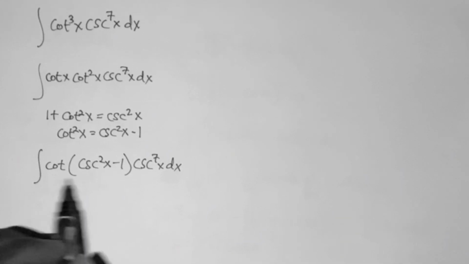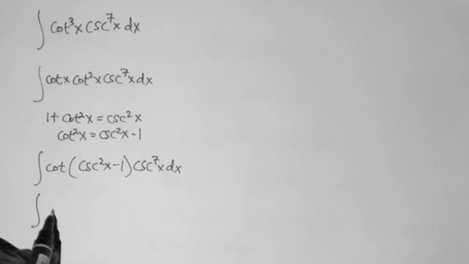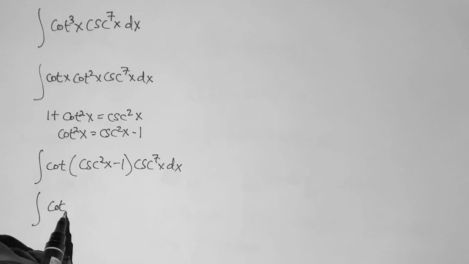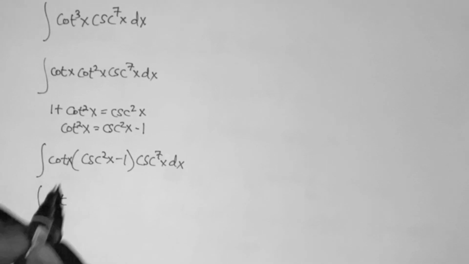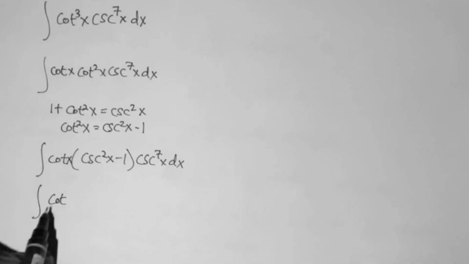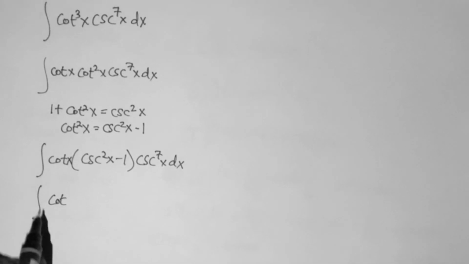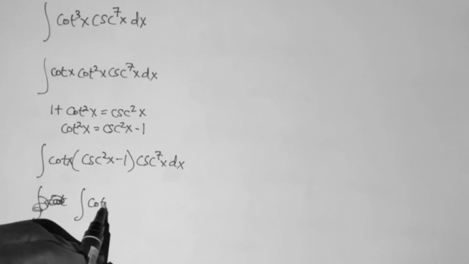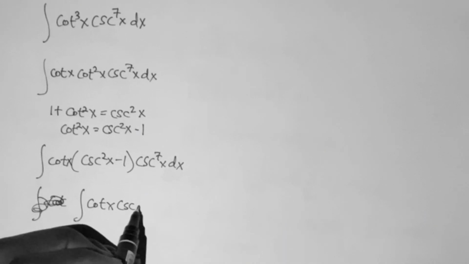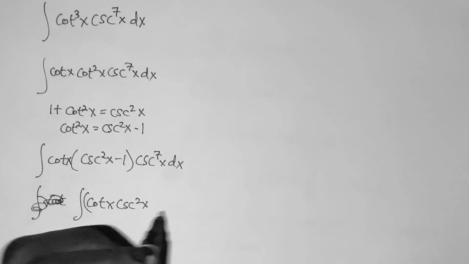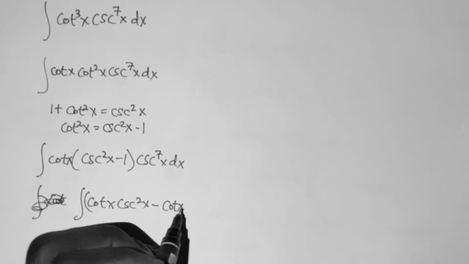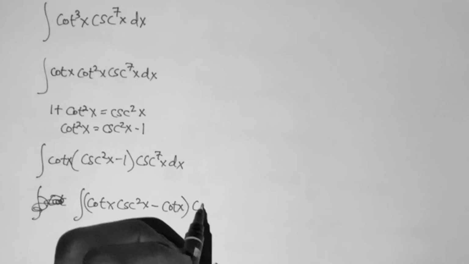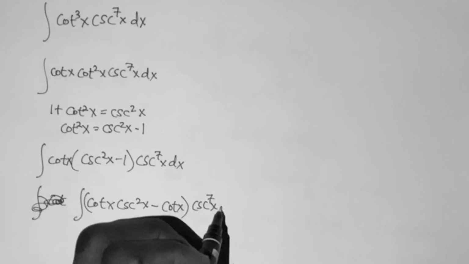So now we can expand this to become the integral of cot x cosec squared x, then minus cot x, then times cosec x exponent 7 dx.